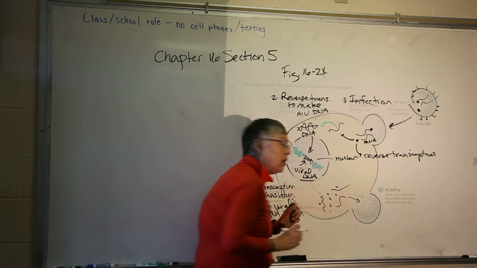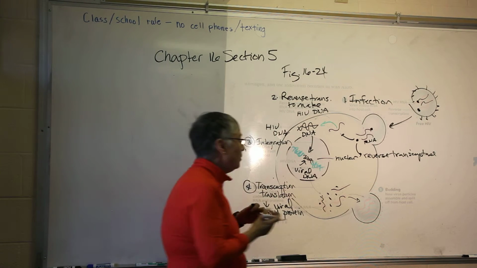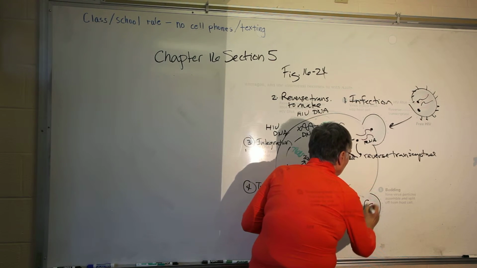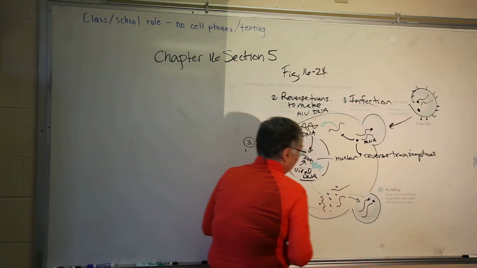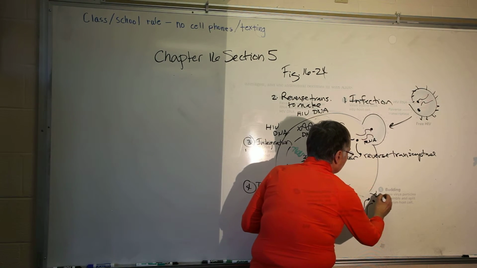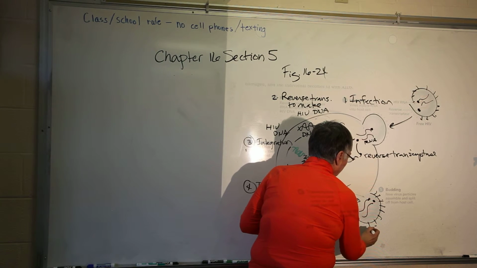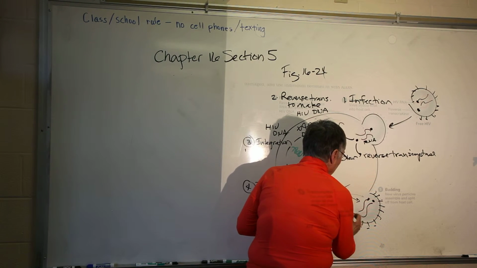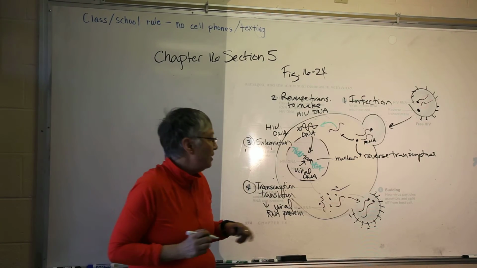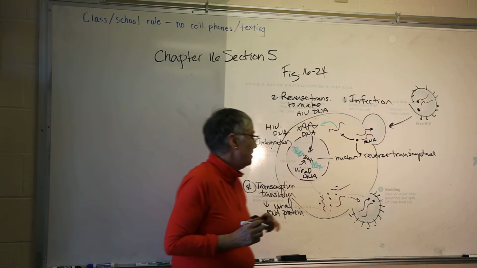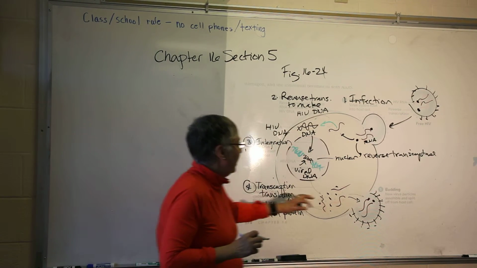Those components are going to assemble into the virus particle, and these are all viral proteins that are on the surface of the envelope of the virus, and this is called budding.